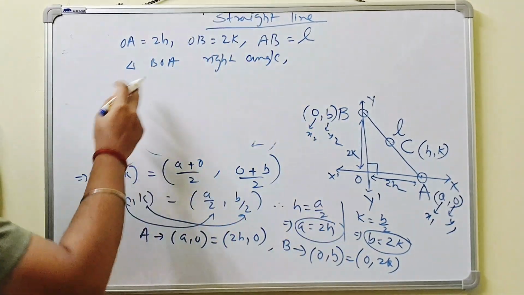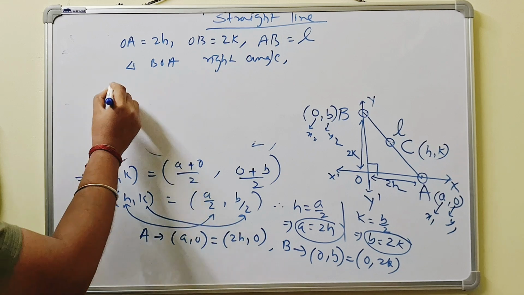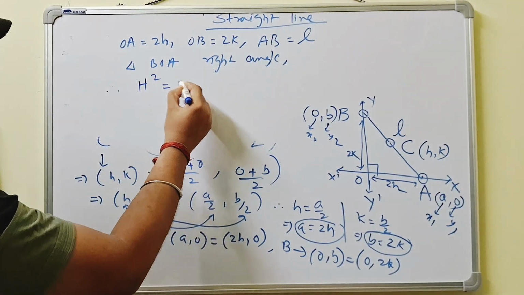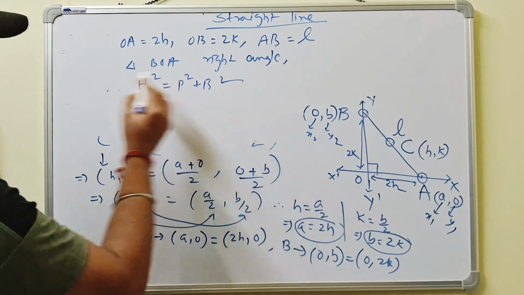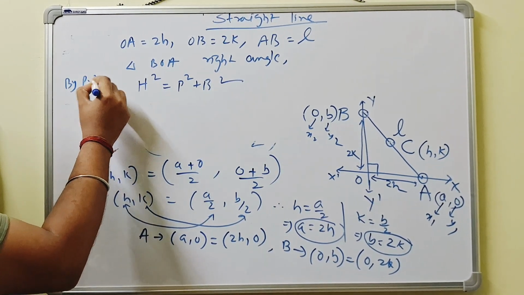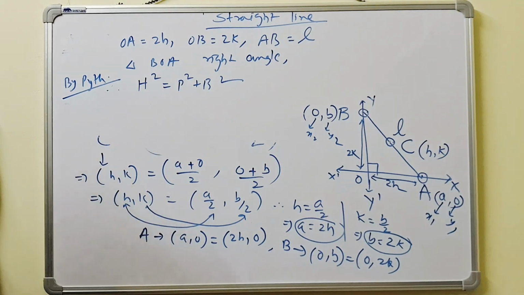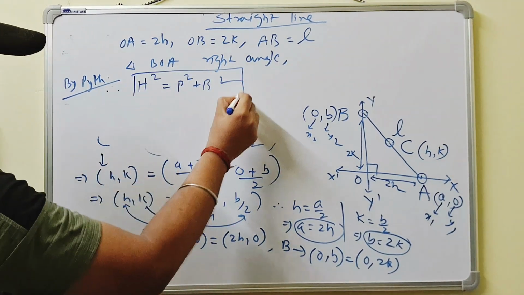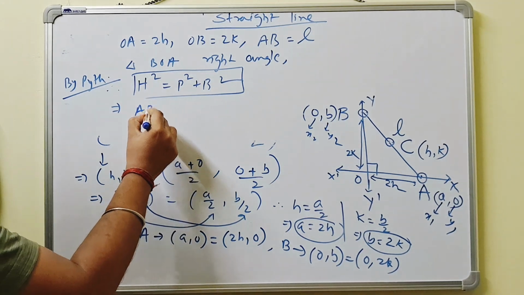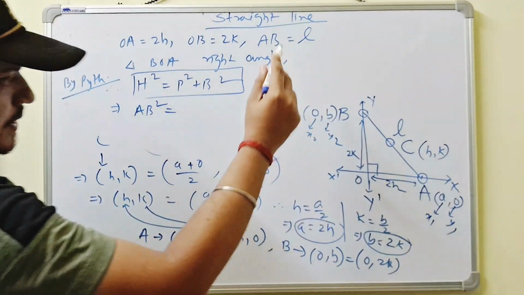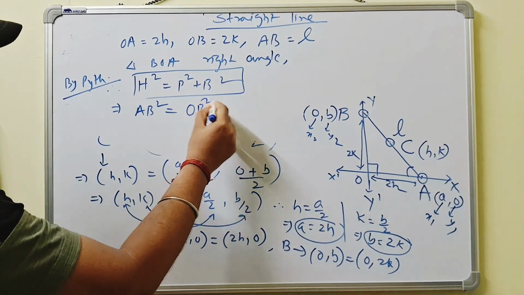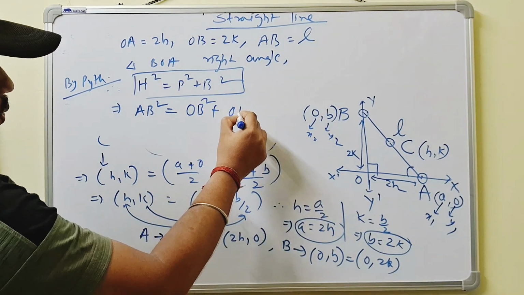Then you can use the Pythagoras theorem: hypotenuse square equals perpendicular square plus base square. The hypotenuse here is AB, so AB square equals OB square plus OA square.